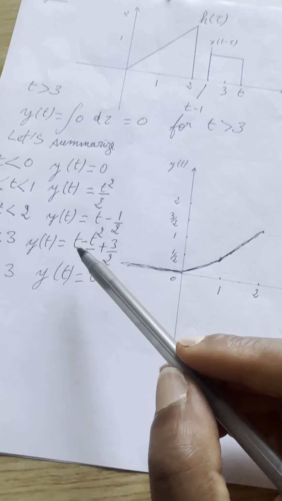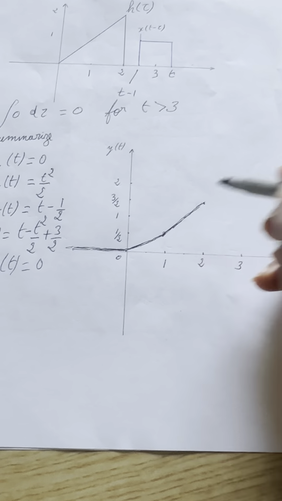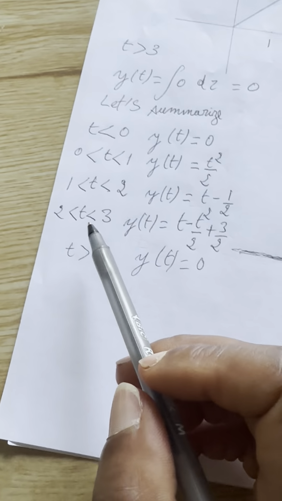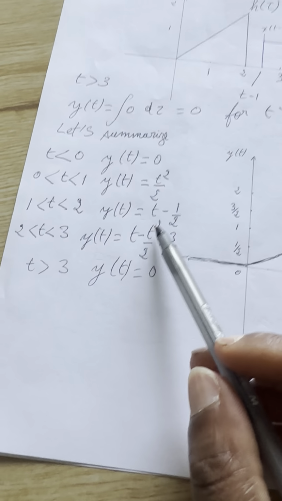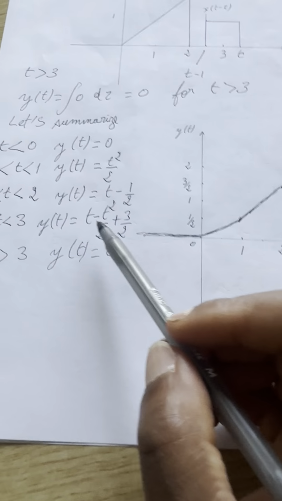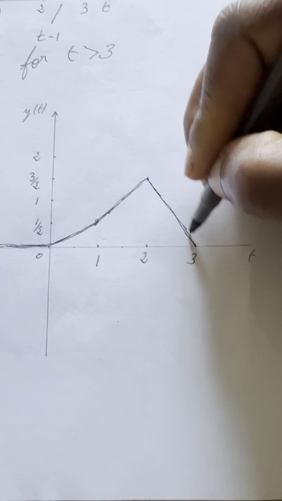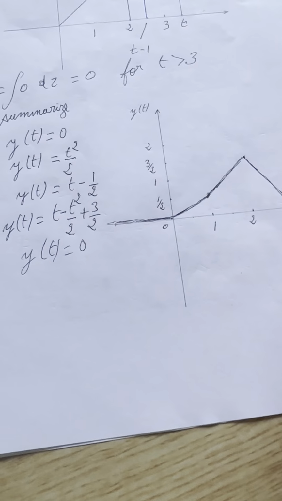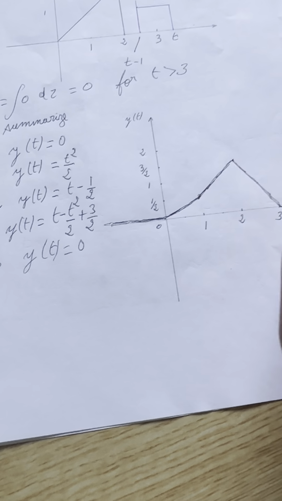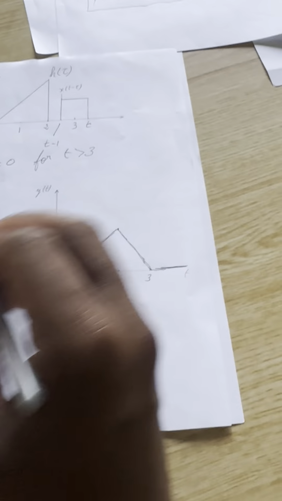At t equal 3, 3 minus 9 by 2 plus 3 by 2 equals 0. We are here now, and then t greater than 3, 0. And this is our final result.